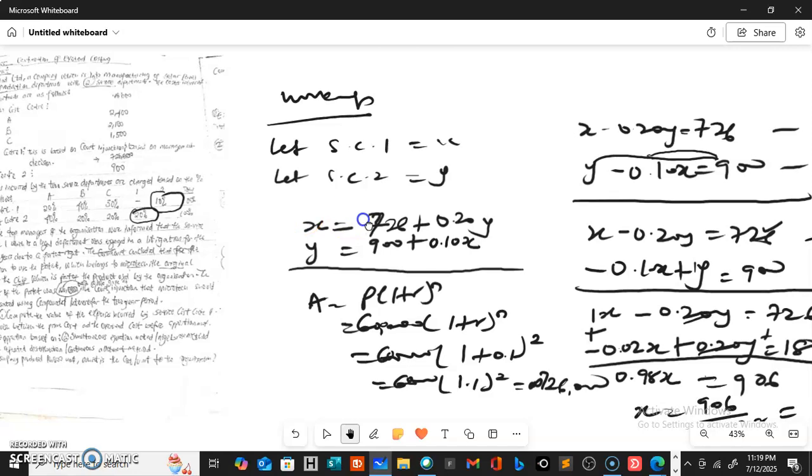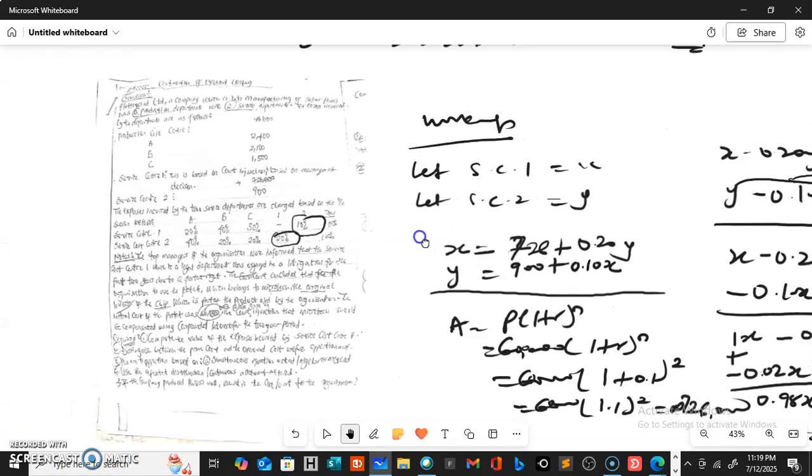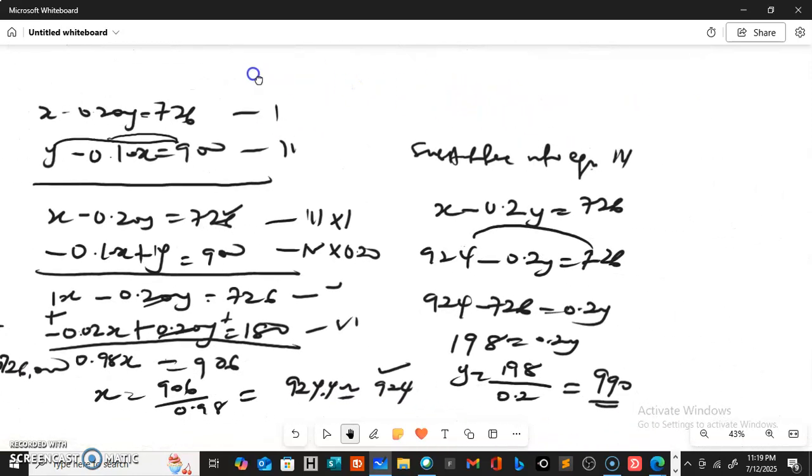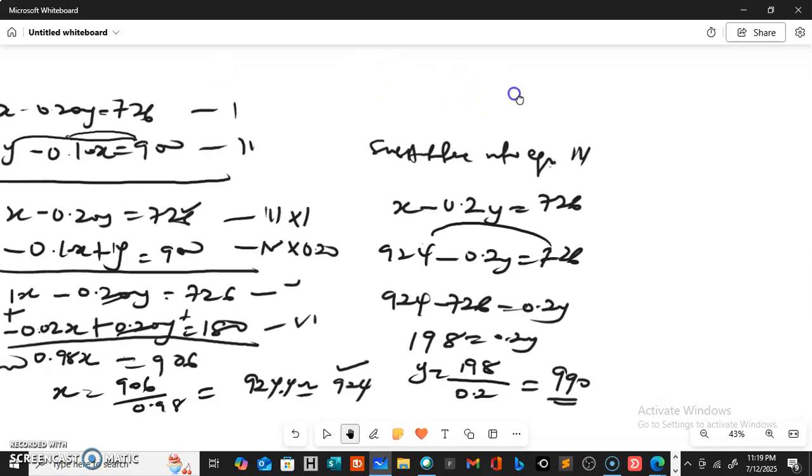The question says number 1, compute the value of the expense incurred by Service Cost Center 1, which we have done. Then distinguish between the prime cost and the operational and overhead cost. The prime cost, as we know, is the addition of all the direct costs, such as direct labor, direct material, and direct expenses.